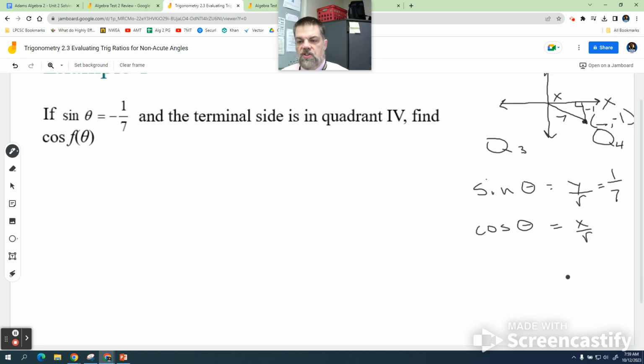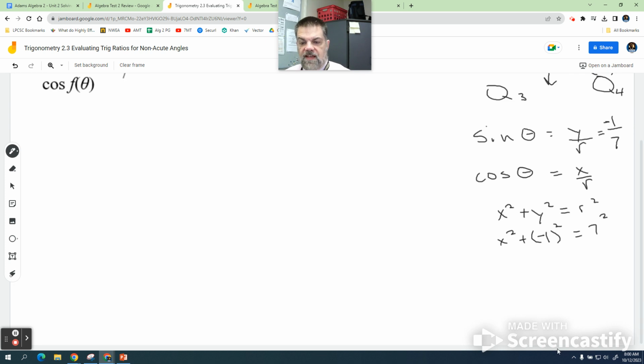So then we just go back to what we know. We know that x squared plus y squared is equal to r squared. So then what's y? Well, y is -1, squared. R is 7, squared, and then we have x squared. When we do the math on this, -1 squared is -1 times -1, so that's just 1.